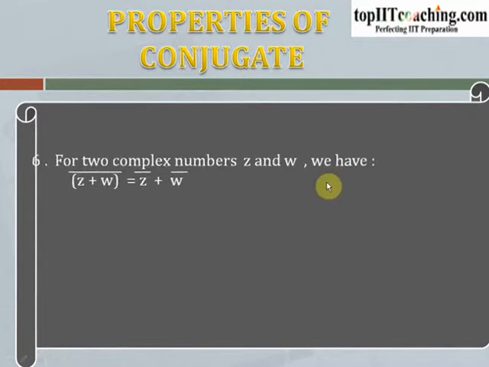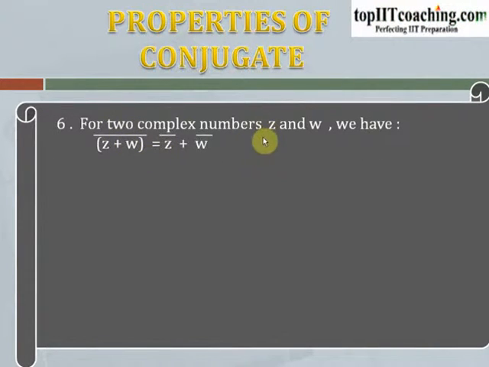The next property is, for two complex numbers, let's take them to be z and w, the conjugate of z plus w is equal to the conjugate of z plus the conjugate of w. So if we have any two complex numbers z and w, then the conjugate of the sum of z and w is equal to the sum of the conjugates of z and w.